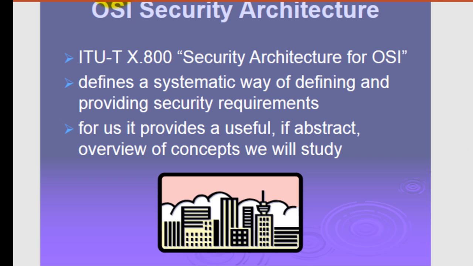As you know, OSI is Open Systems Interconnection, and the security architecture is recommended by ITU-T X.800, the International Telecommunication Union. The security architecture provides you a systematic way of defining security requirements. So what exactly it will do is define the security requirements required for an organization.